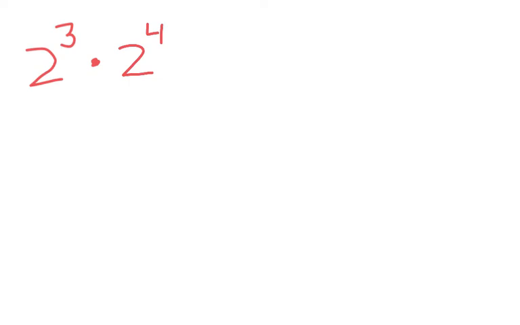If you put this in your calculator, does everybody know how to put in 2 to the third times 2 to the fourth? So on my calculator, if you want an exponent, this button right here beneath clear gives you the exponent.